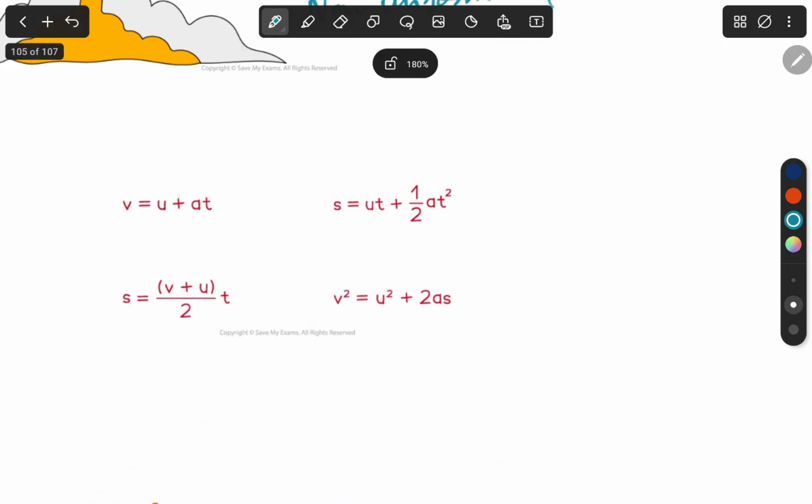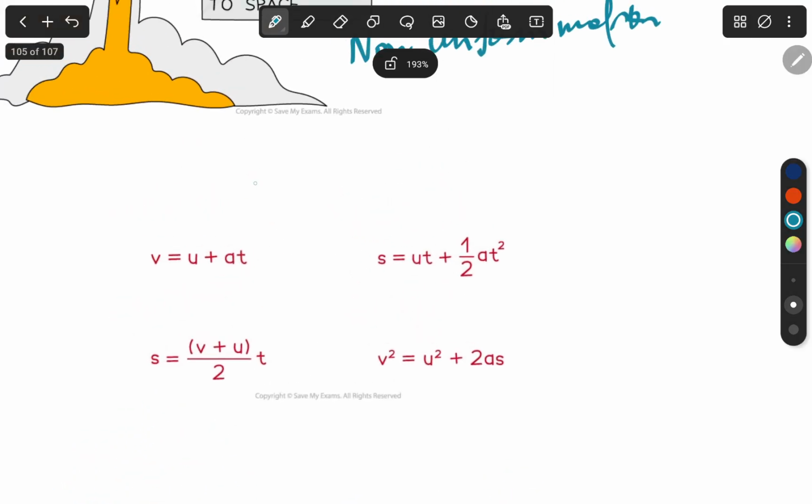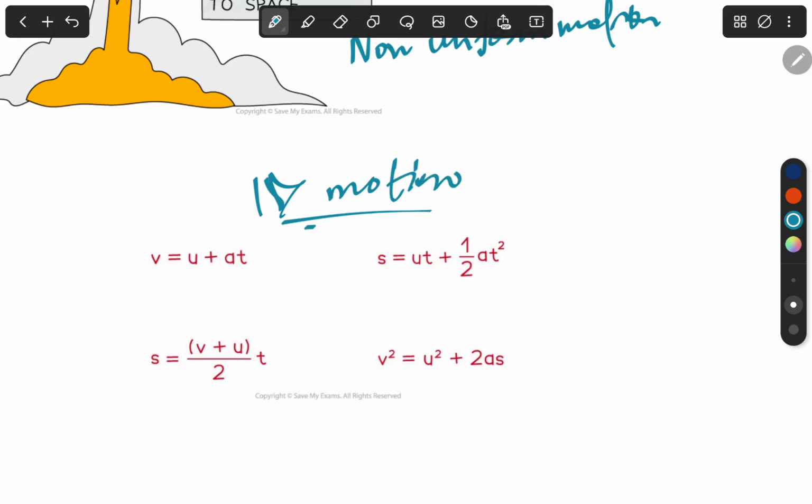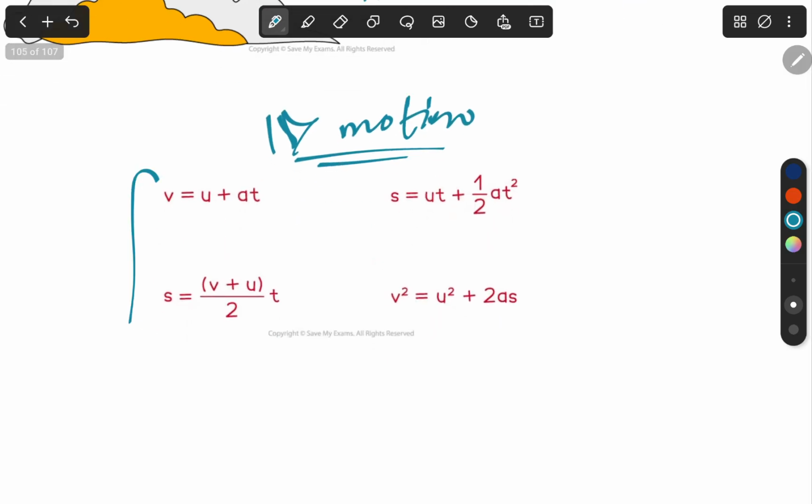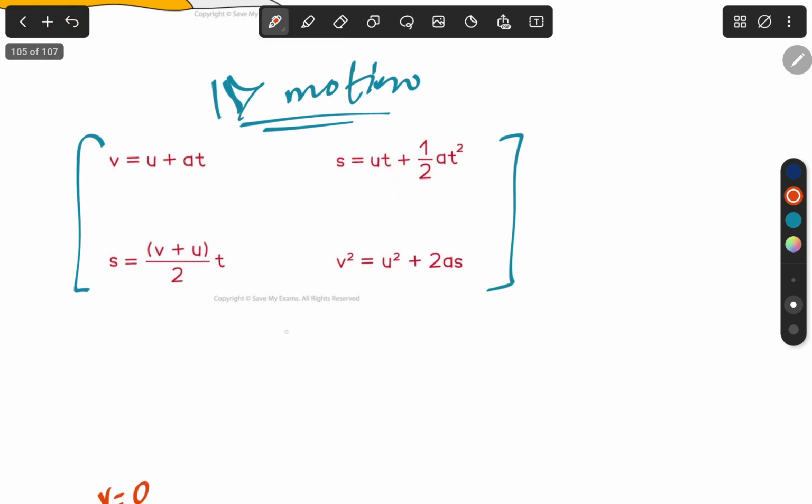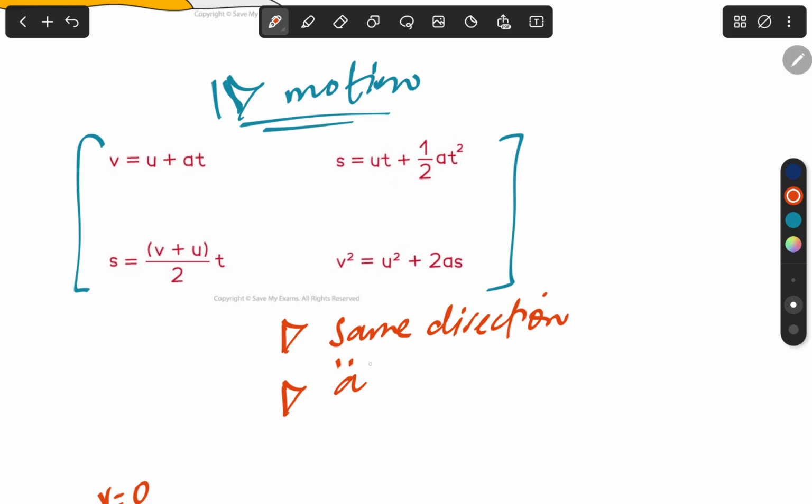Now finally, the part I want to discuss is one-dimensional motion. These are the equations that we derived in the previous class, and these are the heart of kinematics. There are some conditions to use these equations. They must be in the same direction, and the acceleration a must be constant.